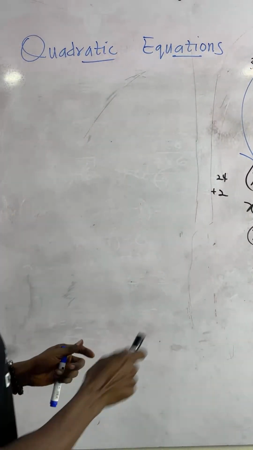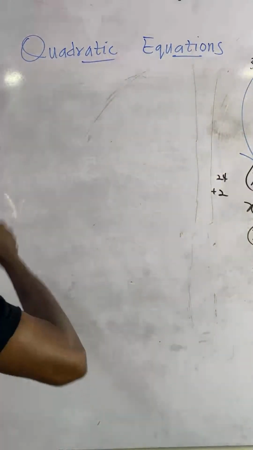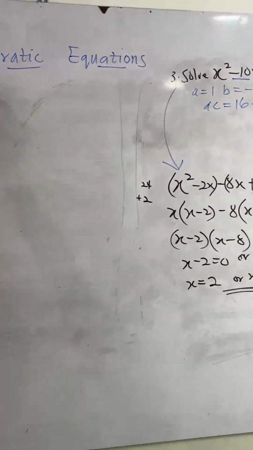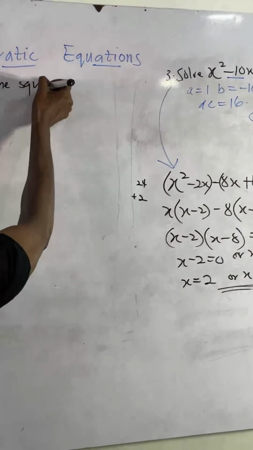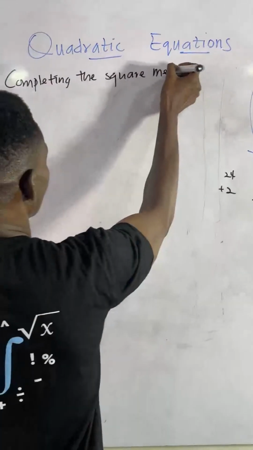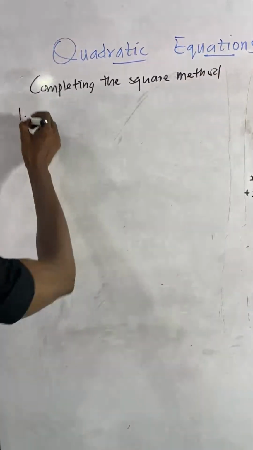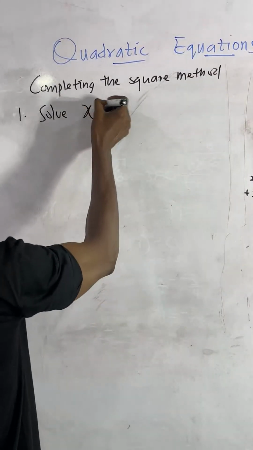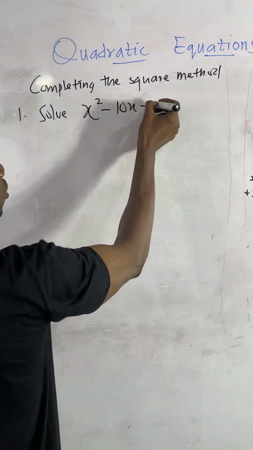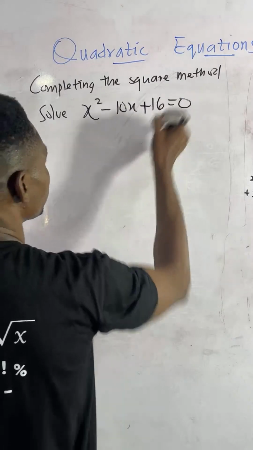Okay, so let's pick this example for completing the square. So let's pick a first example. Solve by completing the square. x squared minus 10x plus 16 equal 0.